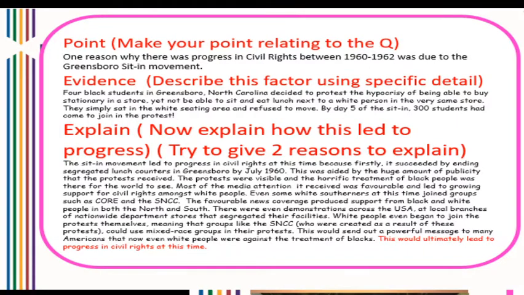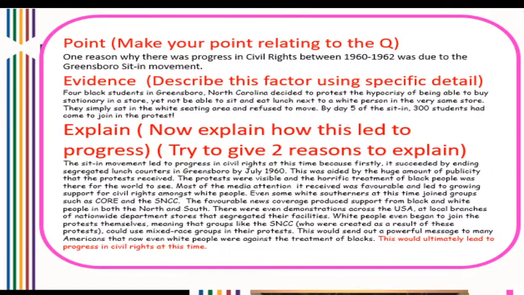Most of the media attention it received was favourable and led to growing support for civil rights amongst white people. Even some white Southerners at this time joined groups such as CORE and the SNCC. The favourable news coverage produced support from black and white people in both the North and South. There were even demonstrations across the USA as local branches of nationwide department stores segregated their facilities.